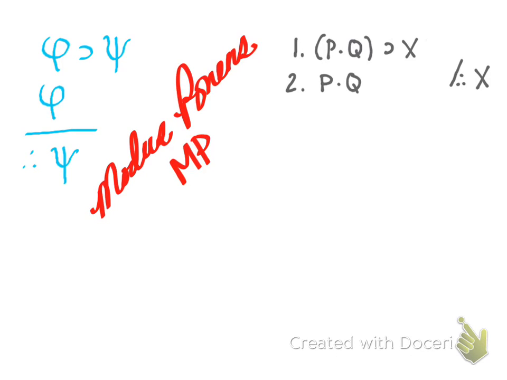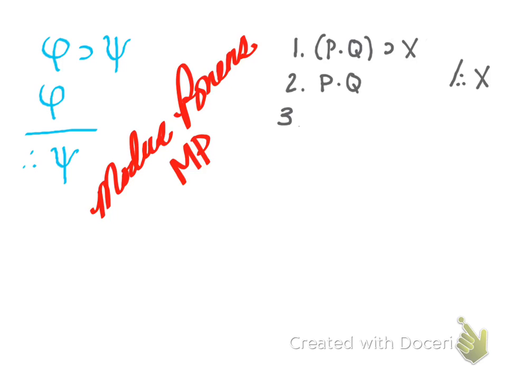Okay, here's another one. So again, we have a conditional on a line. Recall that this is the main operator. So statement number 1, premise 1, line 1, that is a conditional statement. The statement on line 2 is the antecedent of the conditional on line 1. That means we have a conditional and we have the antecedent of a conditional.